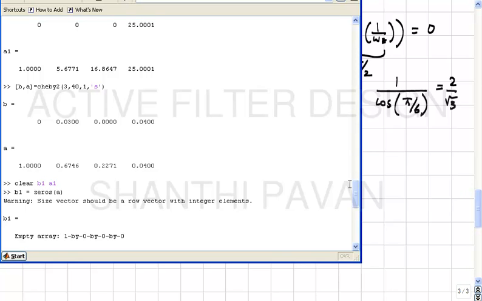And the denominator, which is s cube plus blah blah blah. So, I will just pick off the denominator here.